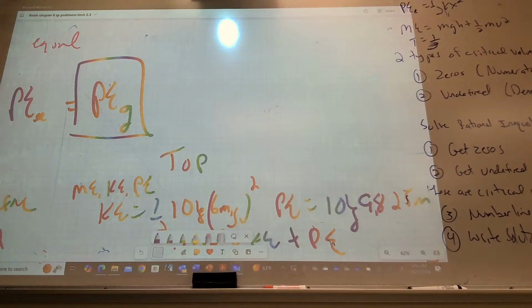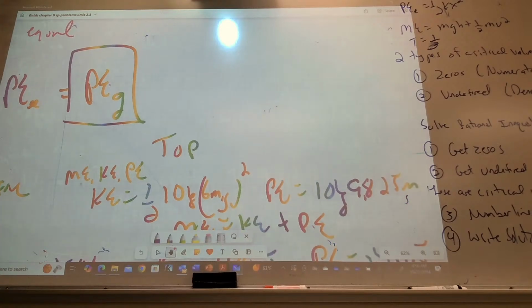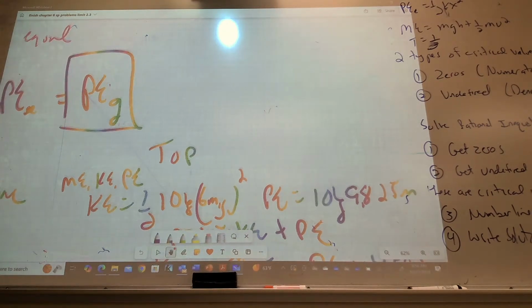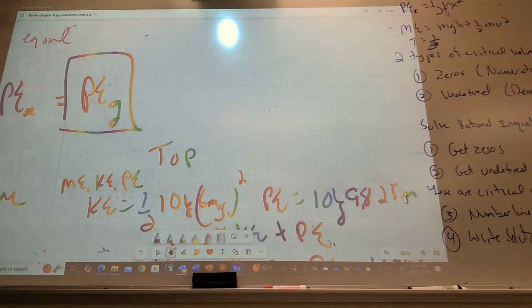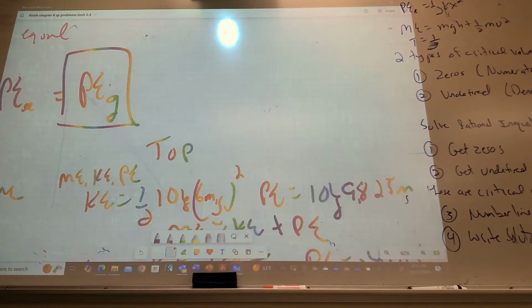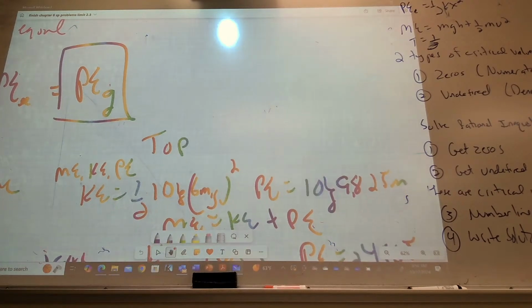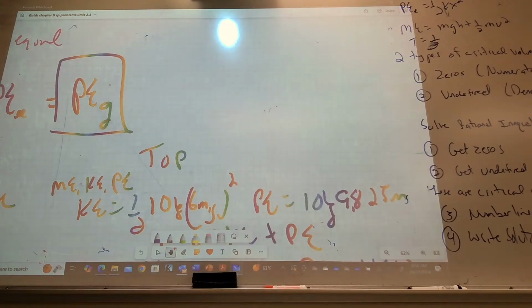We add those together to get our mechanical energy at the top. Violet, did you get that? Mechanical energy at the top, yeah, 2,480.